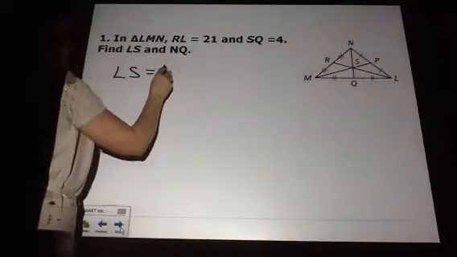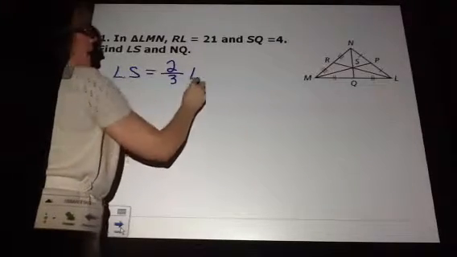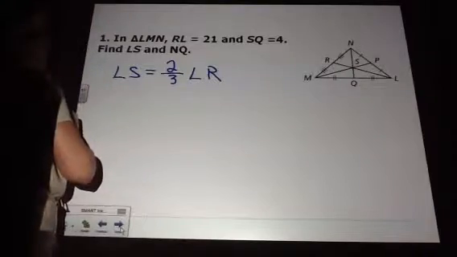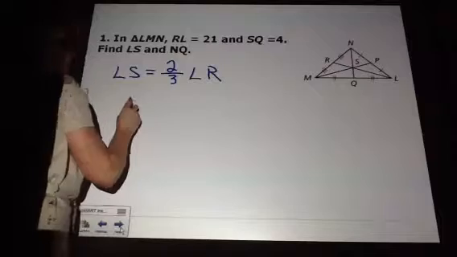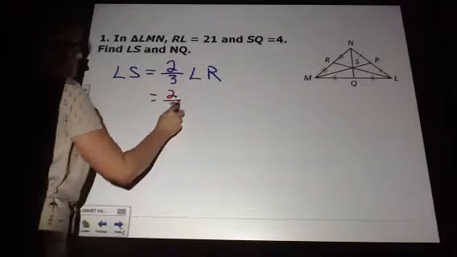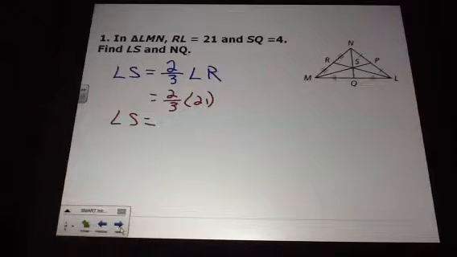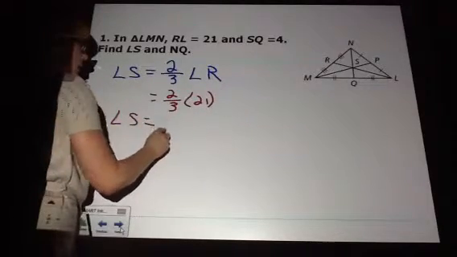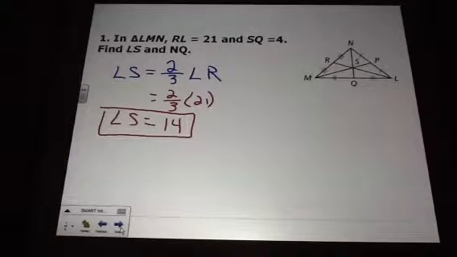So LS is 2/3 of that median, LR. Well, LR is the same as RL, so let's substitute in what we know. So then LS is going to be, let's see, cancel that out, get a 7, so what is that, 14? So LS equals 14.